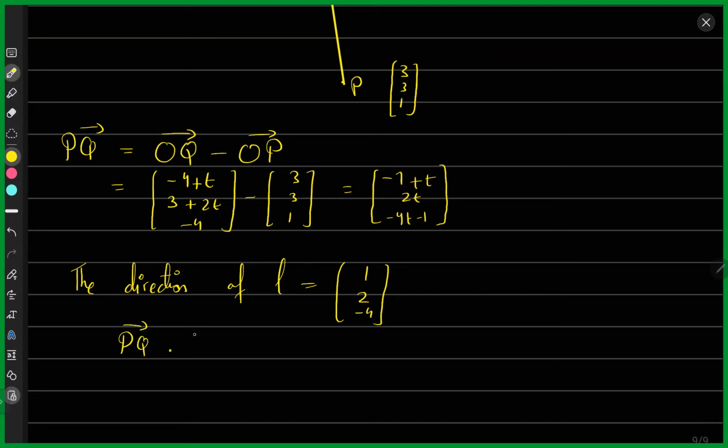PQ dot 1, 2, and minus 4 is going to be 0.